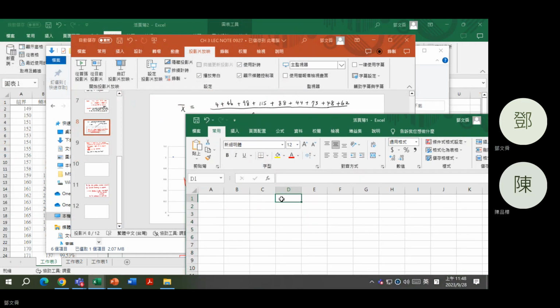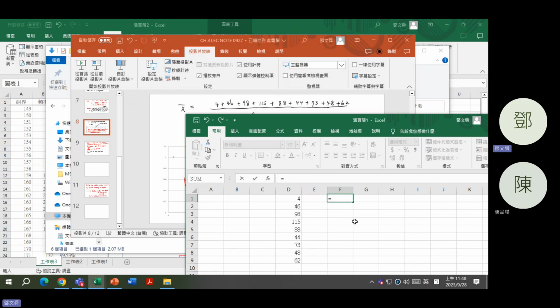Yep. 4, 46, 98, 115, 88, 44, 73, 48, 62. So what is the average number?